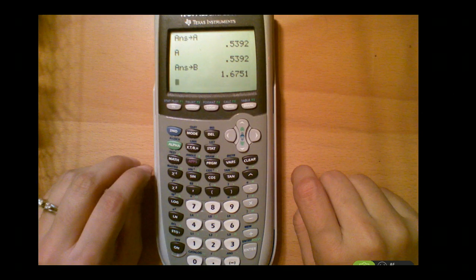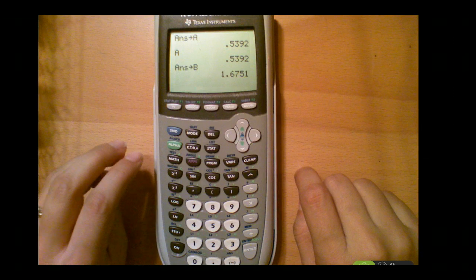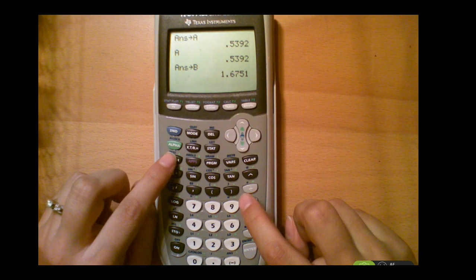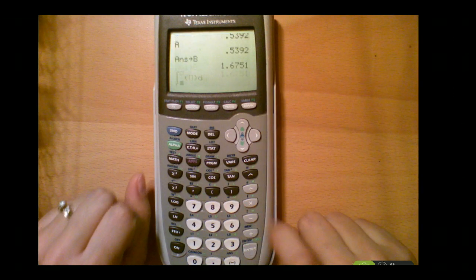So if I wanted to actually evaluate the integral, and I'm going to go one step further than I actually need to here, just to show how to do it, I want to set up the integral from A to B. So let's go to Math 9.